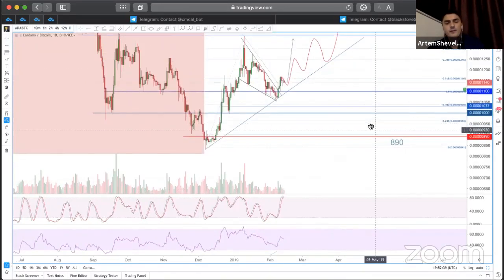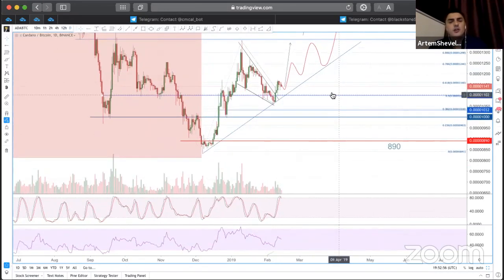If the price drops to this level, we just need to quickly check the market and keep our minds open. So this level is just a stop loss, but I don't think it's going to hit it. If it does, I'm going to buy more.